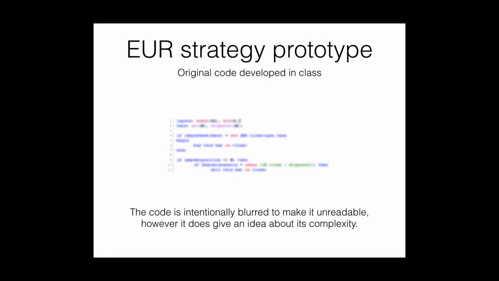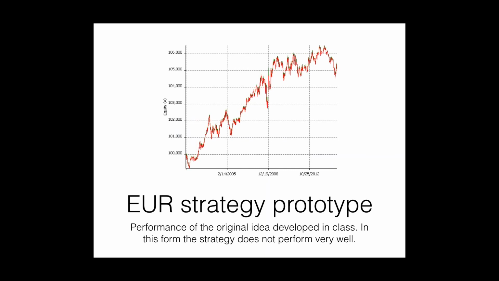Now, the performance of such a strategy looks like this. So we can see that this strategy prototype indeed shows certain upside potential. However, in the present form, it is far not only from being perfect, it is not possible to put it to production.